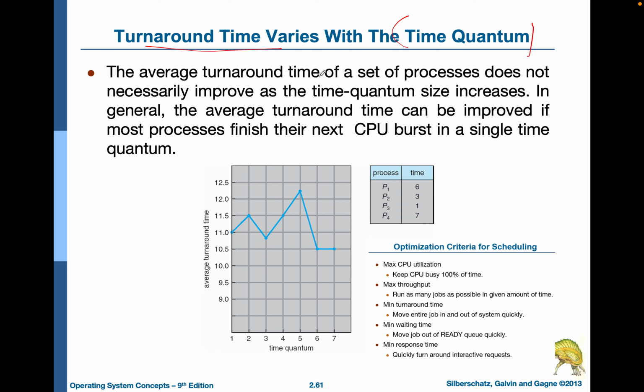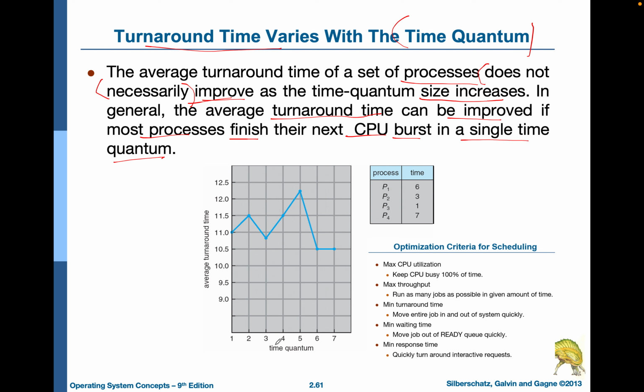The average turnaround time of a set of processes does not necessarily improve as the time quantum size increases. In general, the average turnaround time can be improved if most processes finish their next CPU burst in a single time quantum.